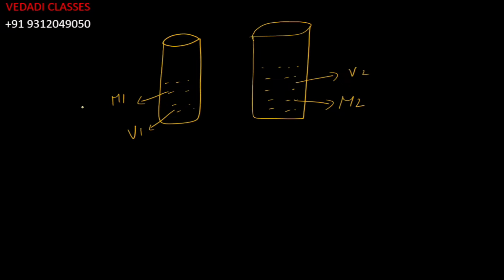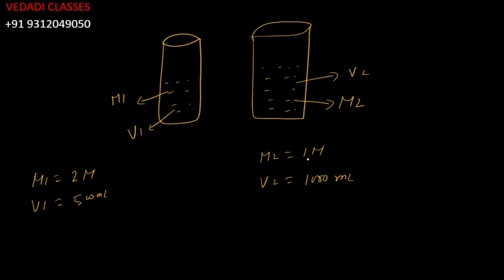How? Have a look here. Suppose its molarity M1 is 2 molar, and V1 is 500 ml. Now I dilute it, so its volume becomes 1000 ml, and the concentration will decrease by dilution, from 2 molar to 1 molar.